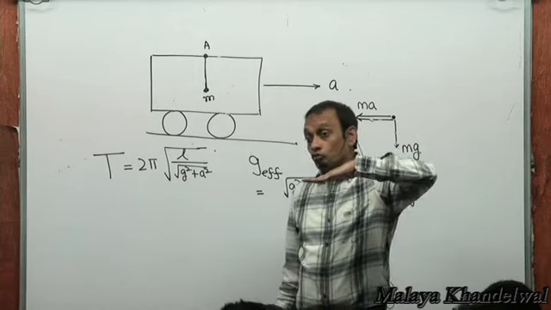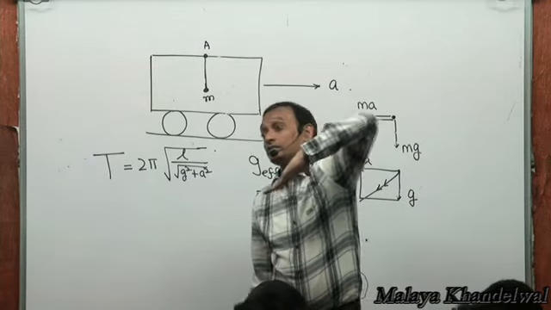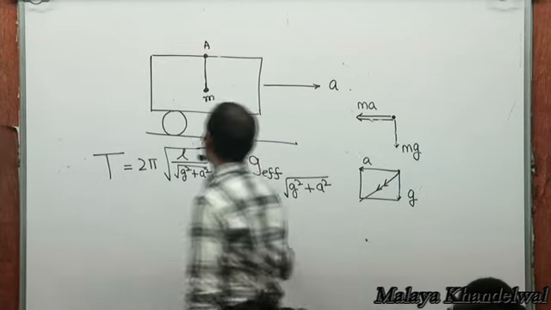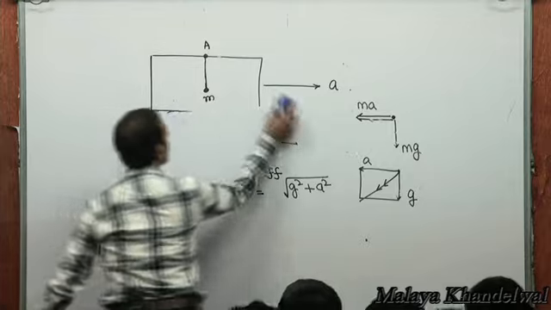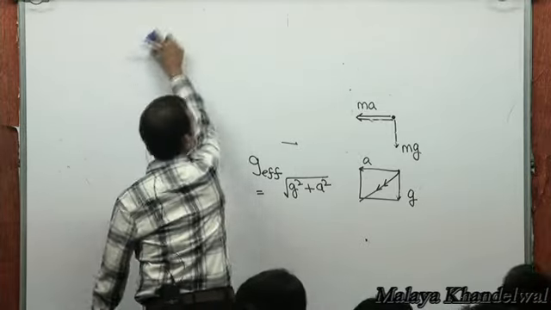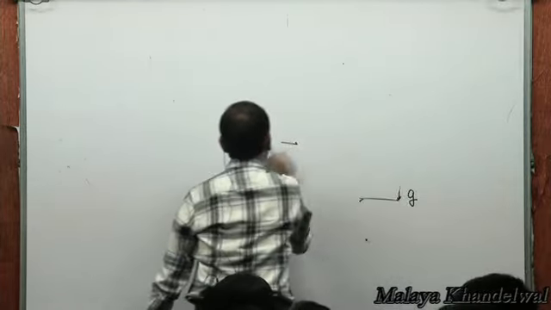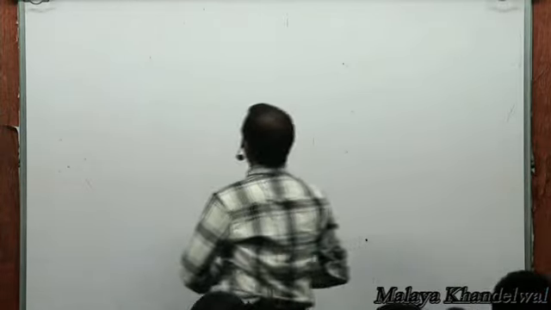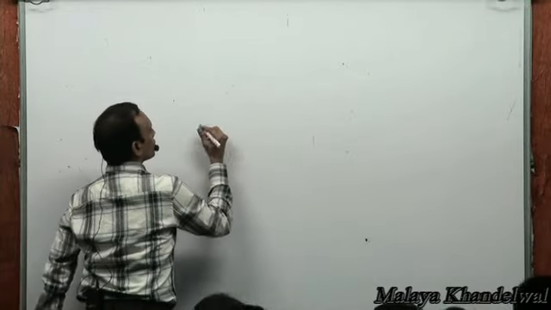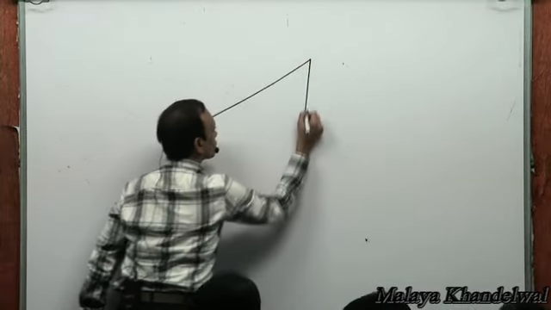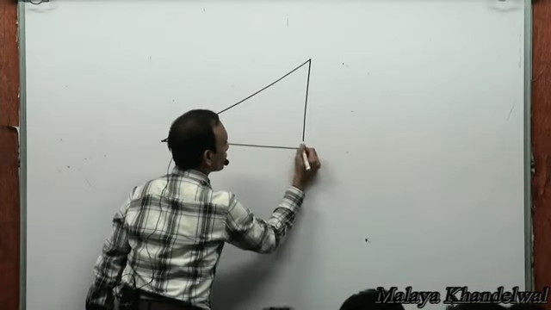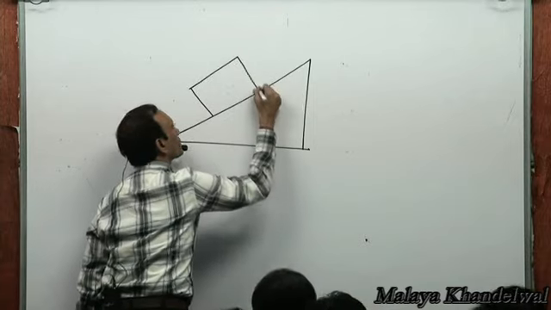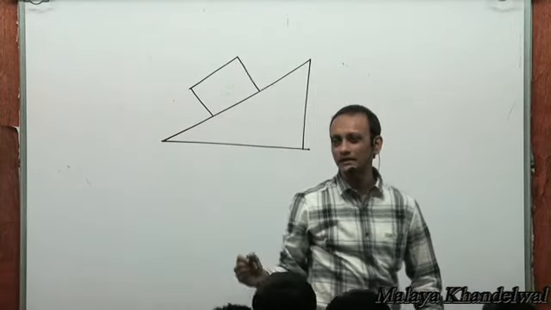Suppose this trolley was placed on an inclined plane. This was the trolley. I'm not drawing the wheels because it adds to the clutter.